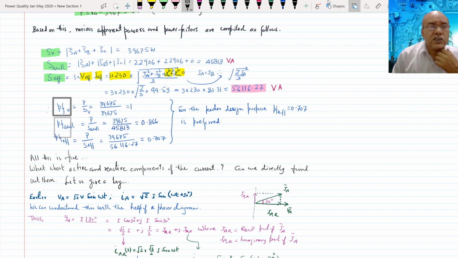Okay, so this is power factor effective here. So effective is PF effective, and you can see this is actually power factor unity.